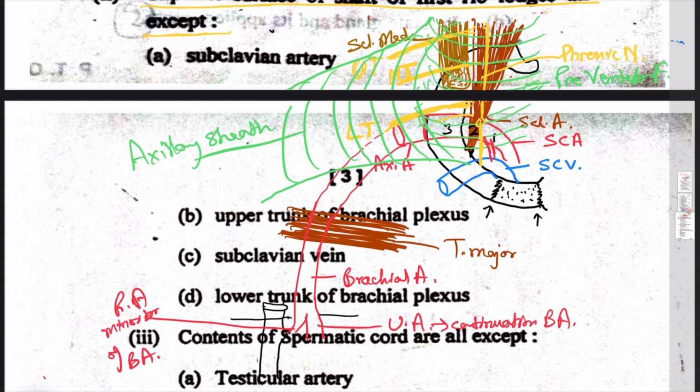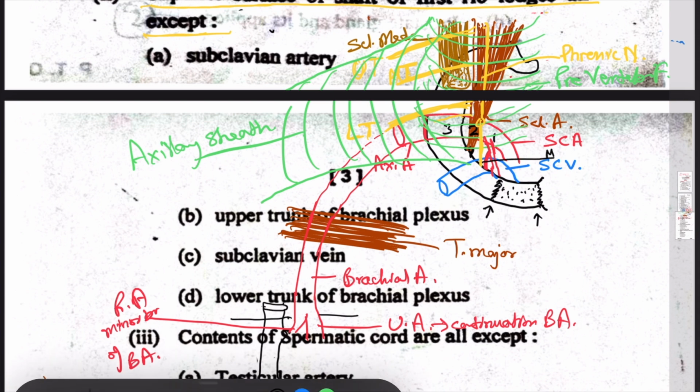Before the internal thoracic artery descends, it gives a branch which runs along with the phrenic nerve. Which artery is accompanying the phrenic nerve before it enters the thoracic cavity?